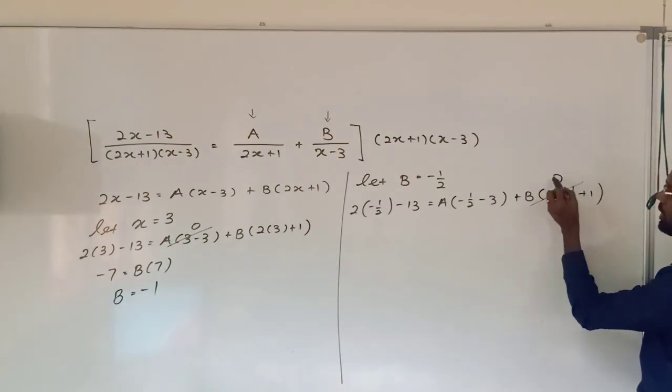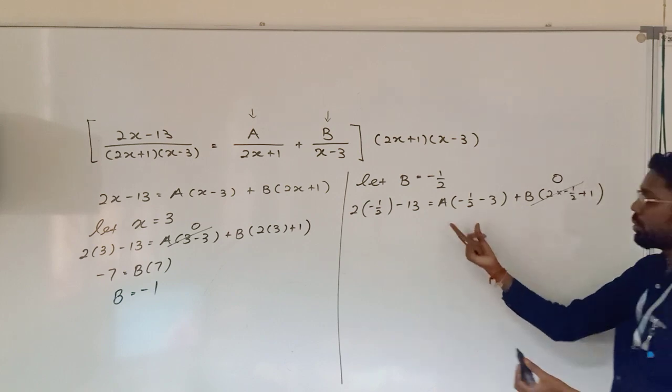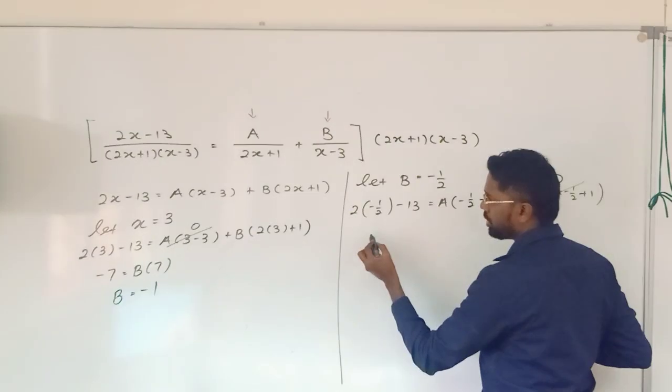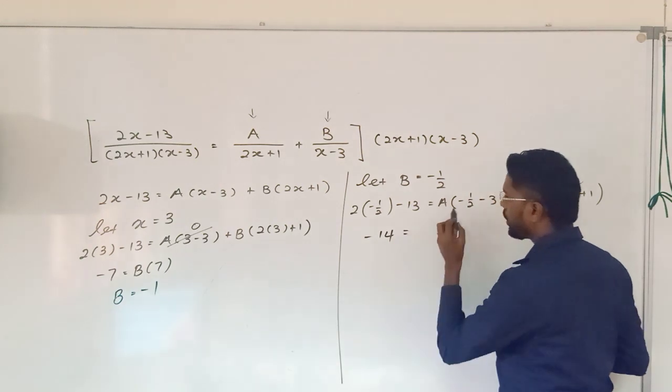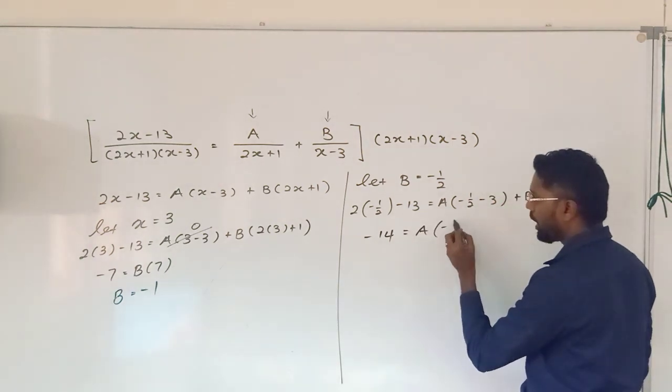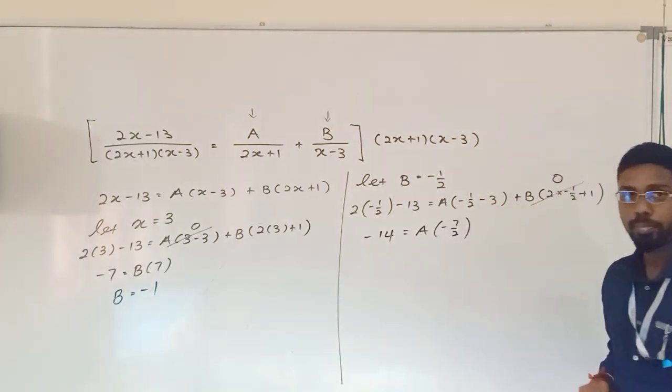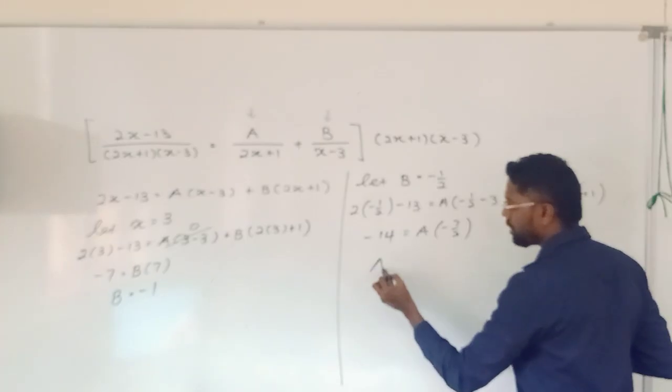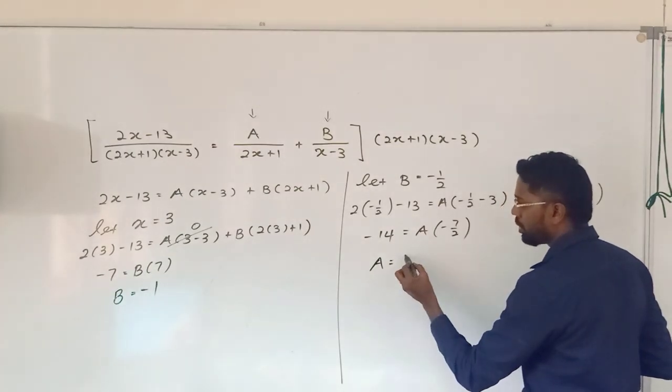So this will be 0. So here negative 14 is equivalent to a times negative 7 over 2. Therefore, a is going to be equivalent to 4.